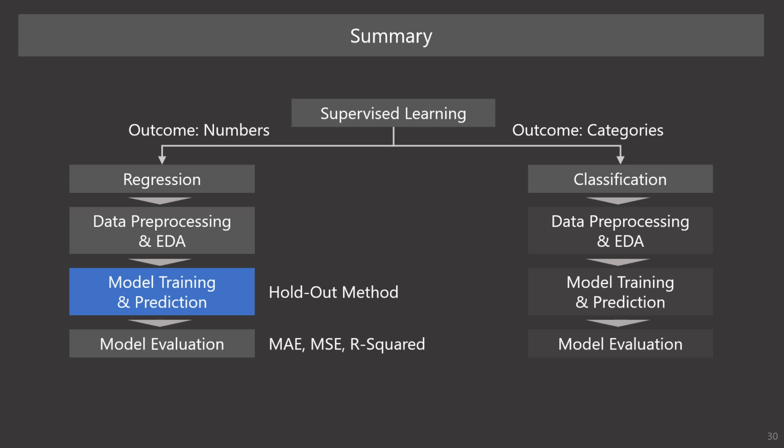And we evaluate the model's prediction performance using the test set as hypothetical new data. To evaluate the performance of a regression model, we can use various metrics like MAE, MSE, and R-squared. The next chapter will provide you with explanation of these topics regarding classification.